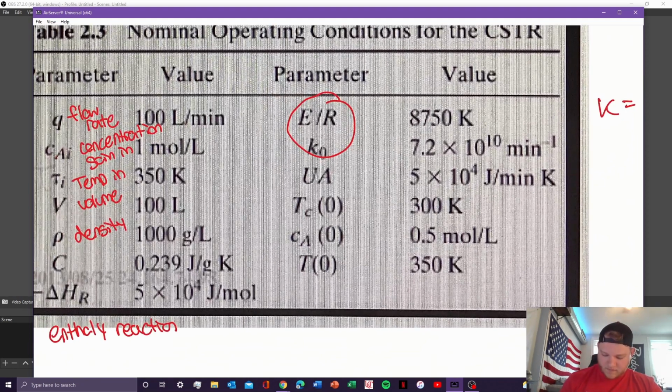You can see we have our initial conditions right here for the temperature of the coolant, the concentration of A, and the temperature inside the tank.